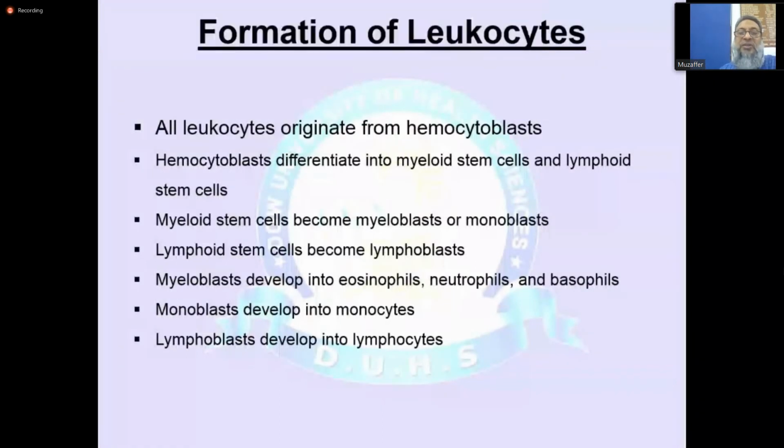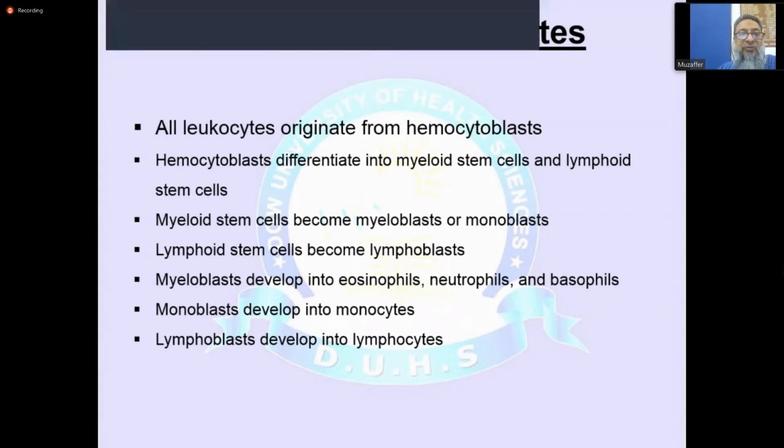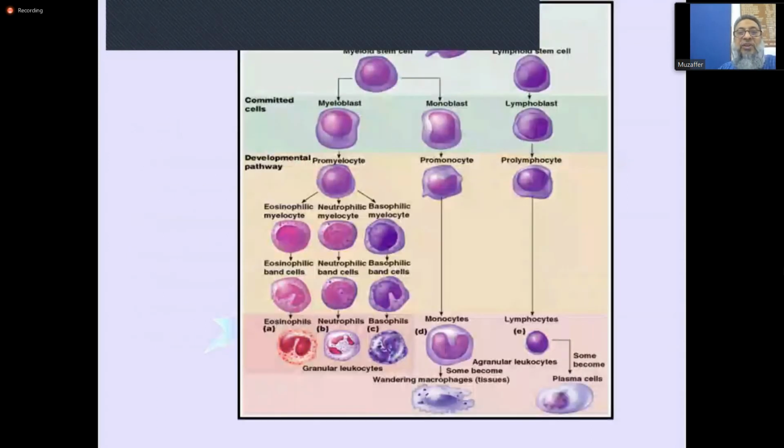Hemocytoblasts are immature blood cells, and these differentiate into very committed cells, myeloid stem cells and lymphoid stem cells. They are committed to produce these specific types of cells. So myeloid stem cells become myeloblast or monoblast, and lymphoid stem cells are formed from the very basic stem cells. You can see here this picture.